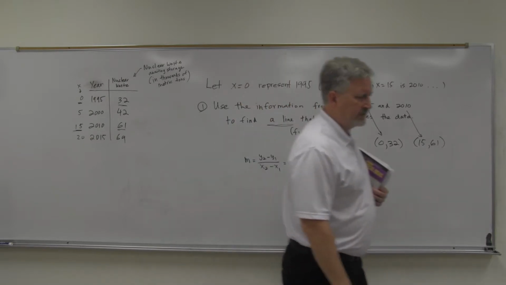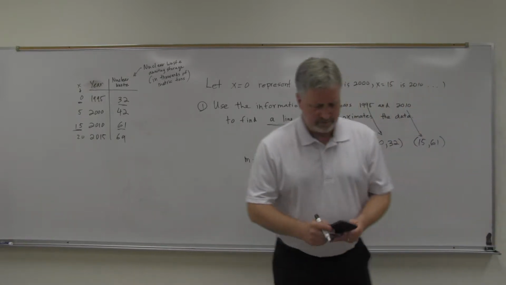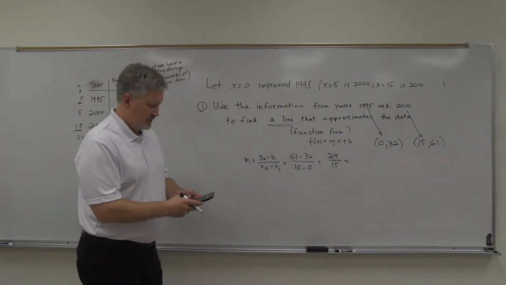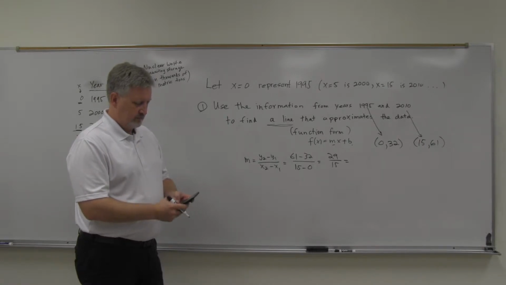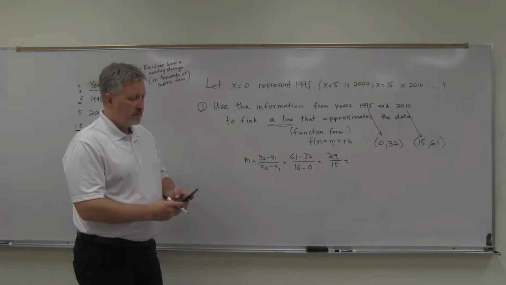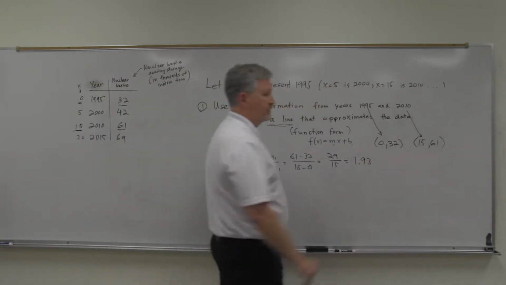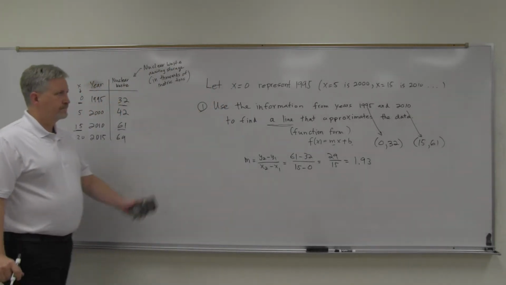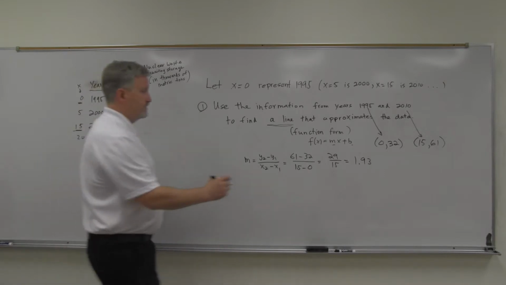We could leave it as a fraction, but I think they'll want it as a decimal. 29 divided by 15 is approximately 1.93, to 2 decimal places. Good on that. So that's our m.